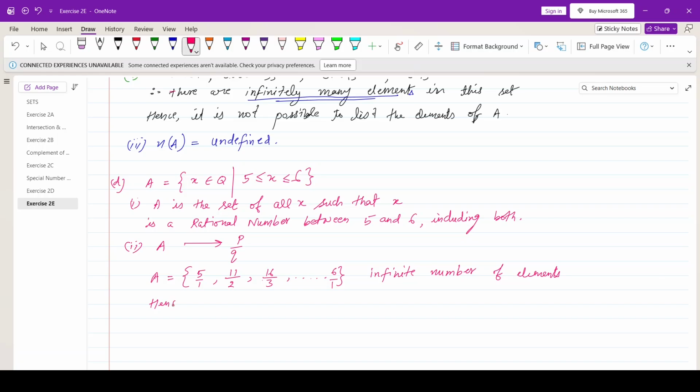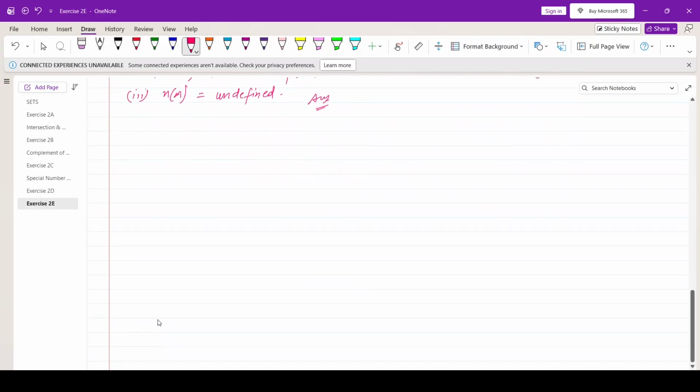Hence, we can say it is not possible to list all the elements of set A. And similarly, part 3, the number of elements in A is going to be undefined. This is our answer. Let's move on to the next question.